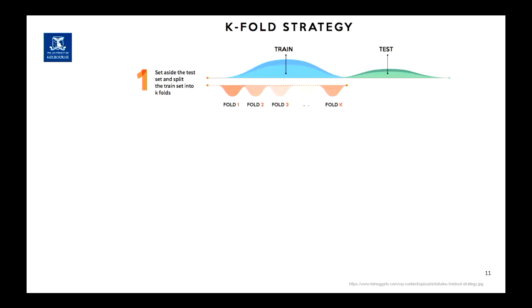So instead of calling training and validation, we merge everything together, and we split them into k folds, more or less the same size, ideally the same size. Okay? And what we're going to do is, the common values for k are either 5, 10, or 20. And what's the effect of k on the size of the training set? If I increase k, I'm training with more or less instances?